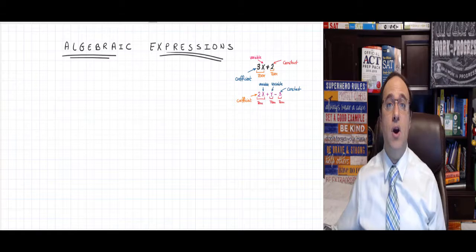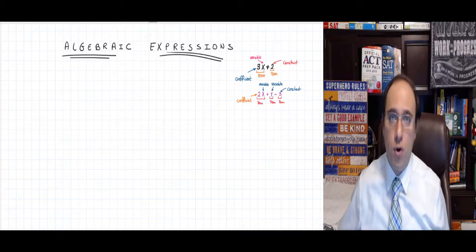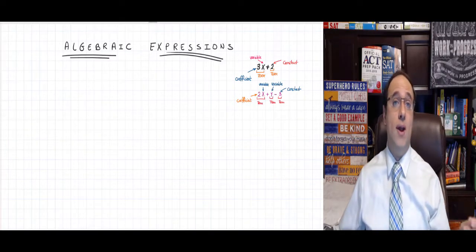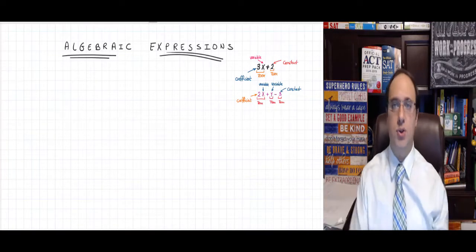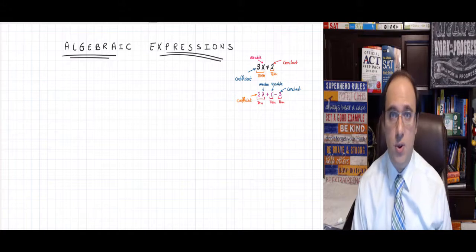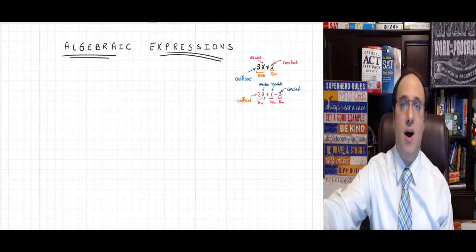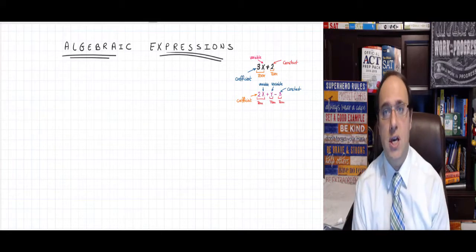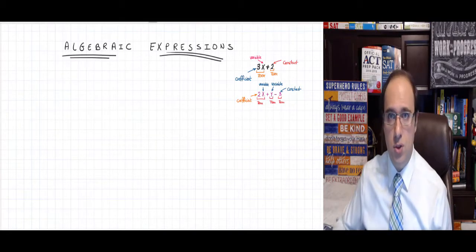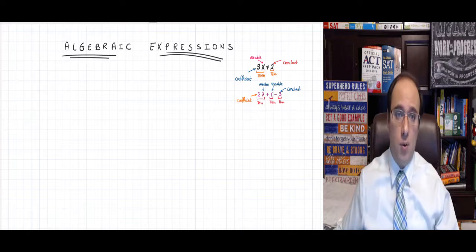Now let's talk about the operations we can perform on an algebraic expression or a mathematical phrase. This little sentence that we have, 3x plus 2, 2x plus y minus 3, 4a divided by x. All these are called algebraic expressions. What operations can we perform on them? What can we do to them? You can do the following.